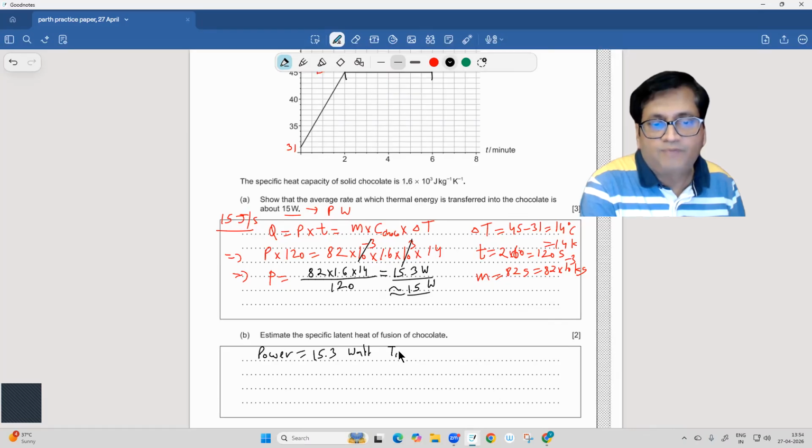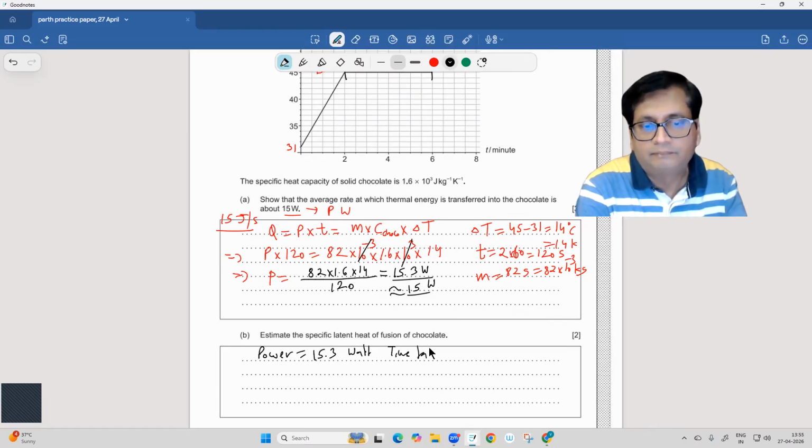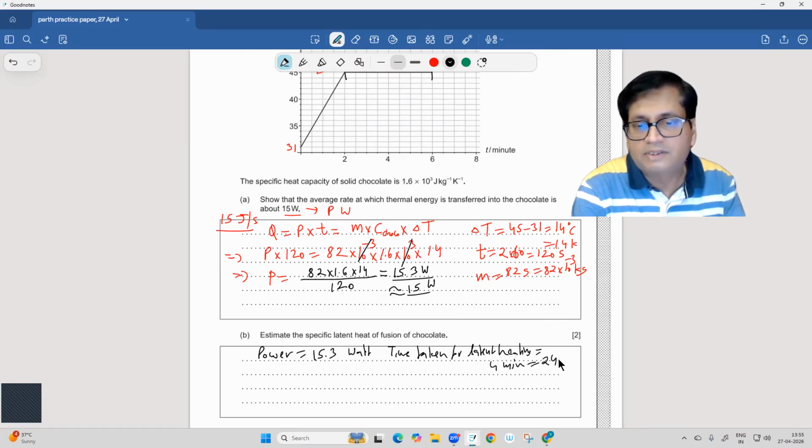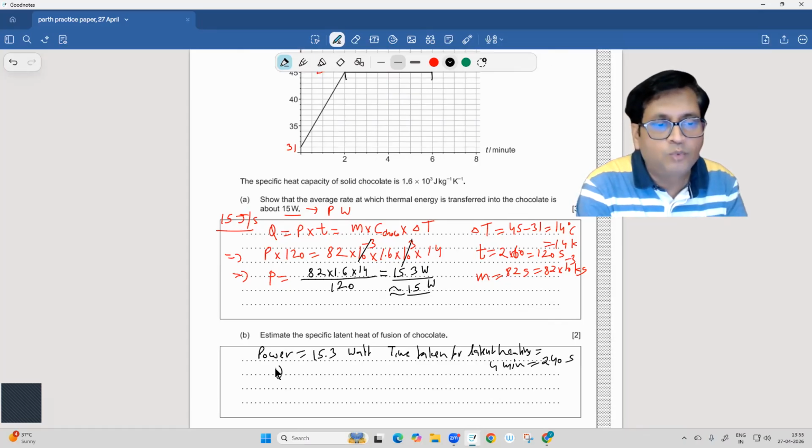How much is the time taken for latent heating? 4 minutes, that is, the time taken for melting is 4 minutes, which is like 240 seconds. So how much does Q become? 15.3 into 240. But this must be equal to m into L.